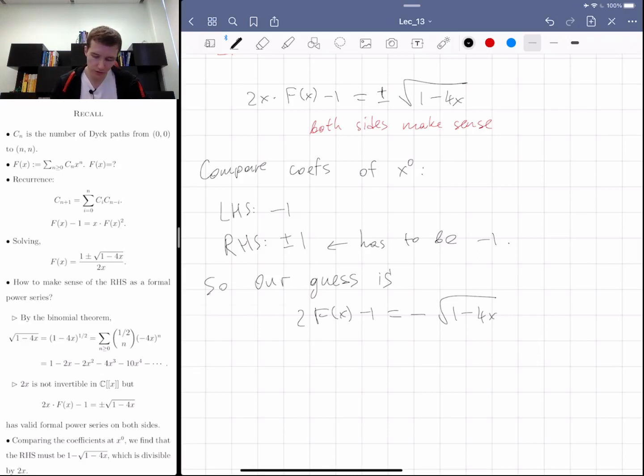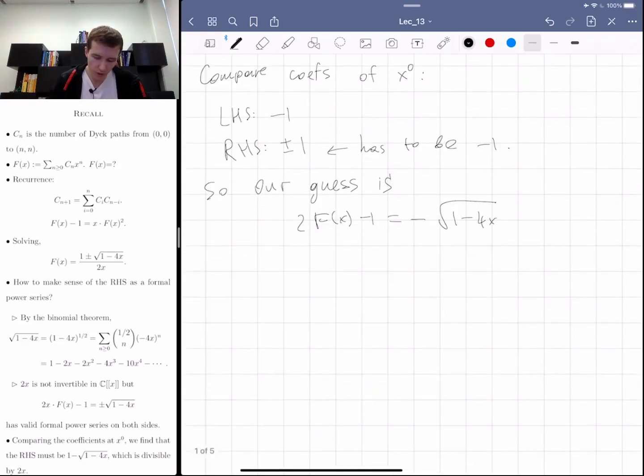And it's actually, if you just square both sides, so from now on I'm being rigorous. You start with this equation and you square both sides and you get, because we solved the quadratic equation correctly, I can just write it down. 4f squared minus 4f plus 1 is equal to 1 minus 4x.